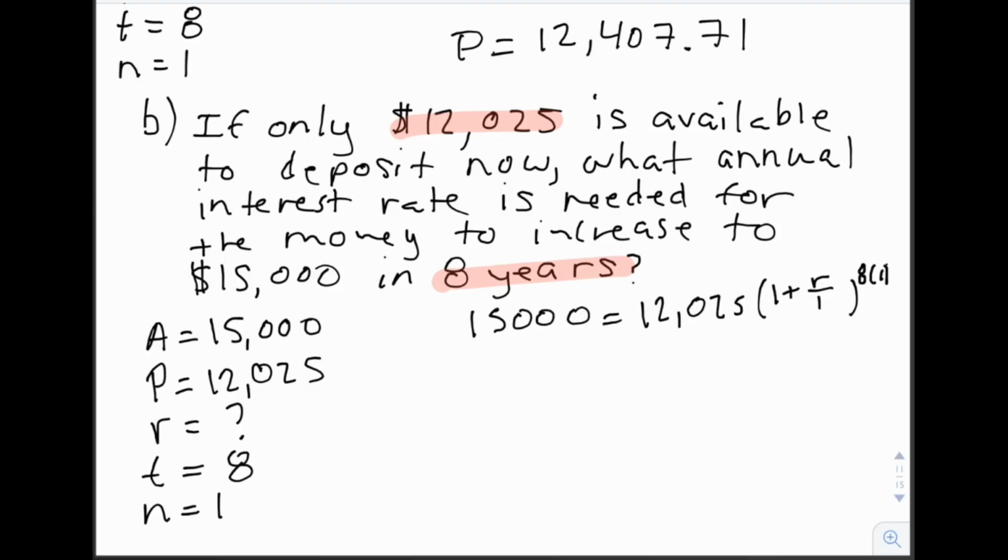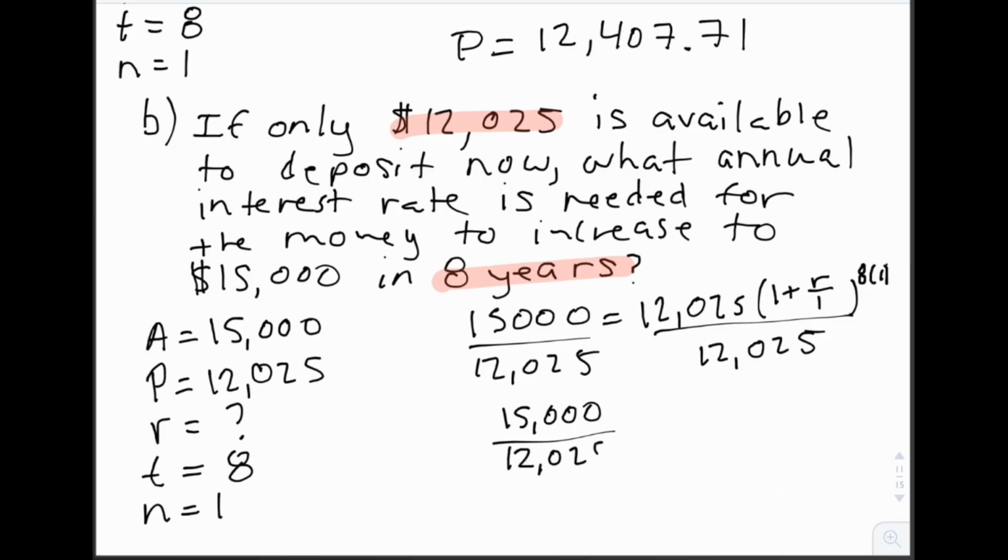Okay. So first things first, we want to go ahead and try to divide that 12,025 out. So dividing the 12,025 out, we're going to go ahead and keep that fraction on the left hand side.